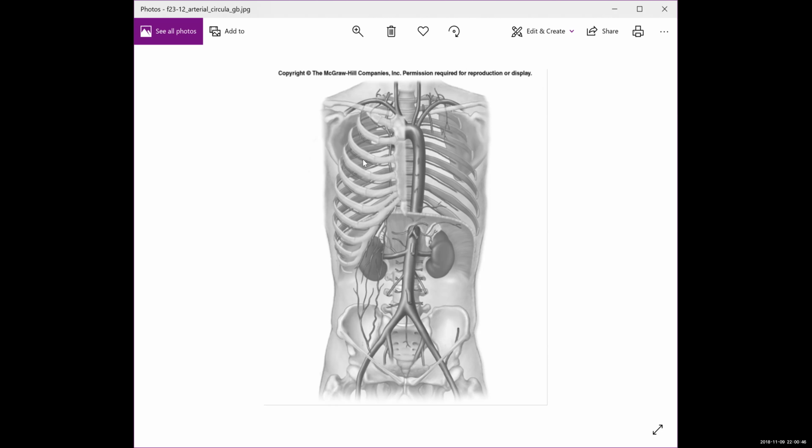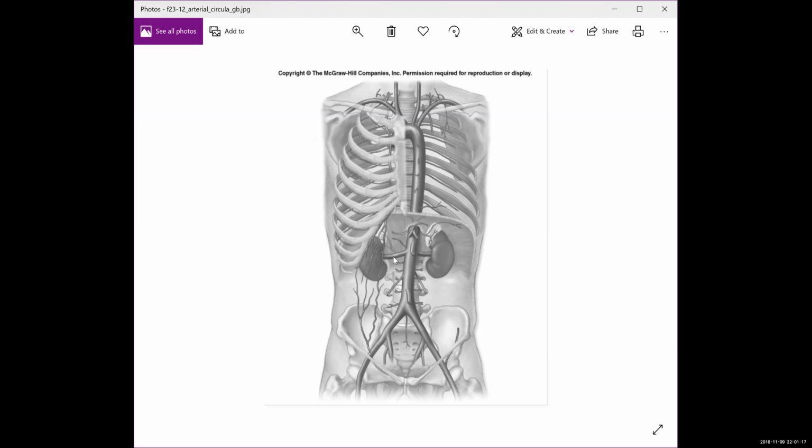Okay. Name this artery, or these arteries here. Intercostal artery. Good. All right. Name that artery. Superior mesenteric artery. Okay. Name that.